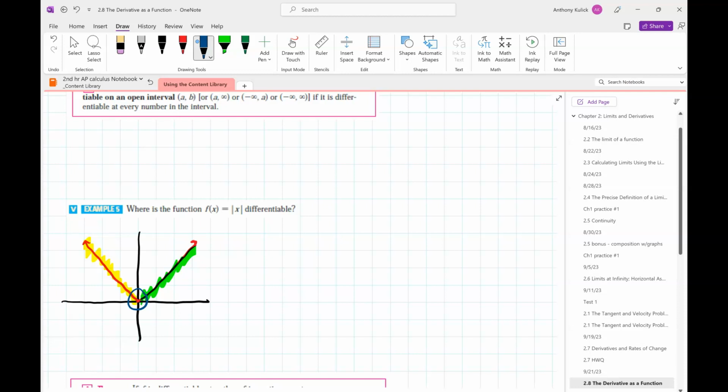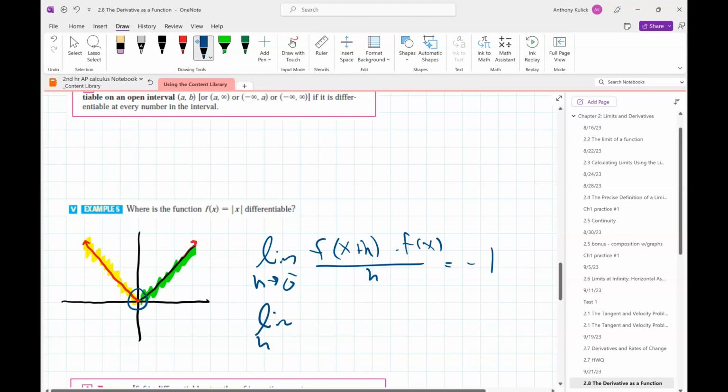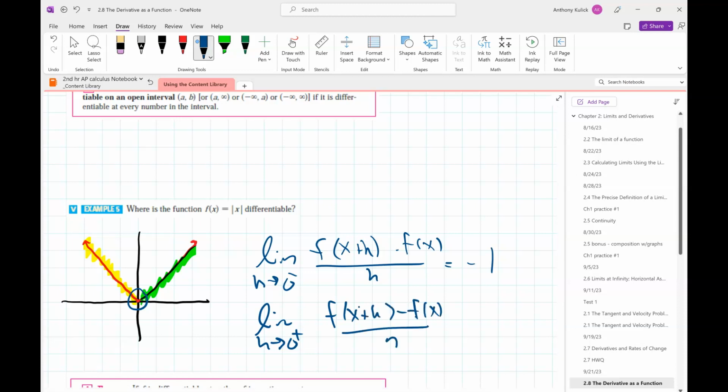Well, if I look at the limit as h approaches 0 from the left of this, we get -1. The limit as h approaches 0 from the right of this, we get +1.